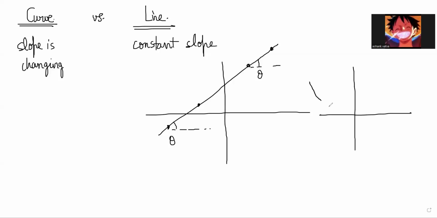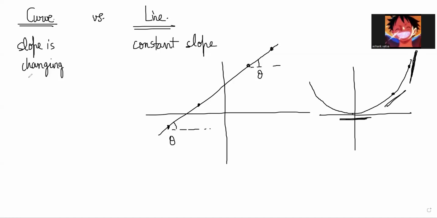If you see this graph right now, the slope at every point is different. For example, the graph is not rising up very fast here, but it is rising up faster and then faster here. So the difference between a curve and a line is that the slope is changing.